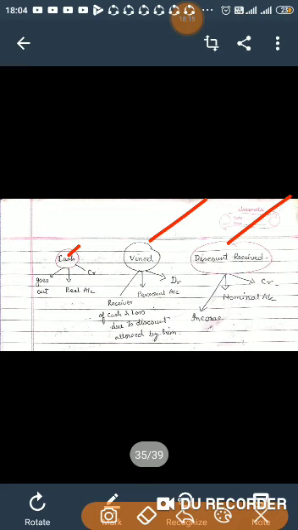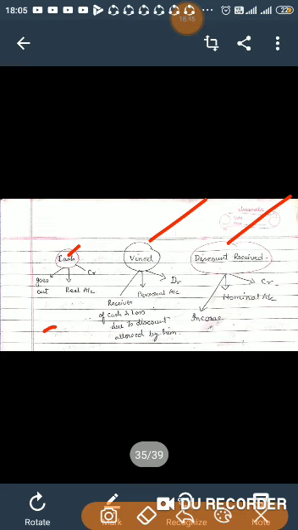So cash is a real account, it is going out from the business, so it should be credited. Vinod is a personal account, he is receiving cash, and at the same time the discount we are receiving from Vinod is a loss for Vinod. So Vinod is simultaneously receiving cash as well as bearing a loss due to the discount allowed by him.